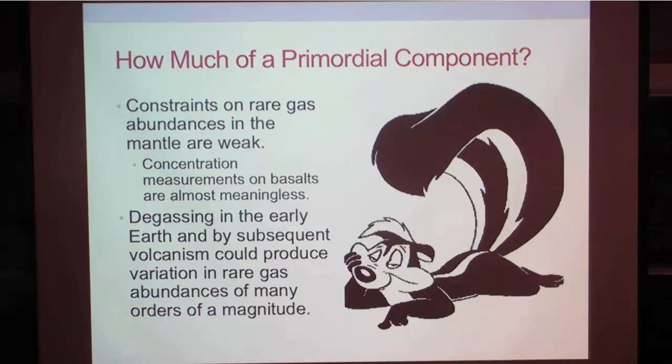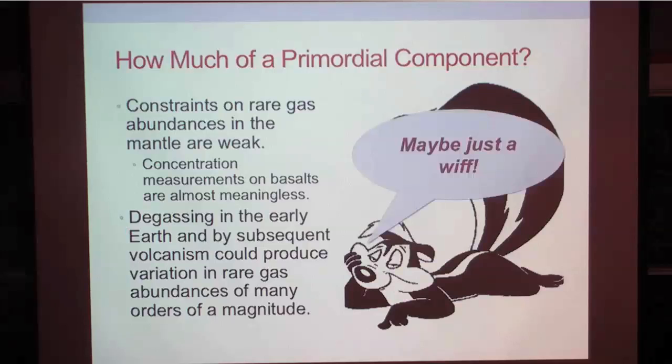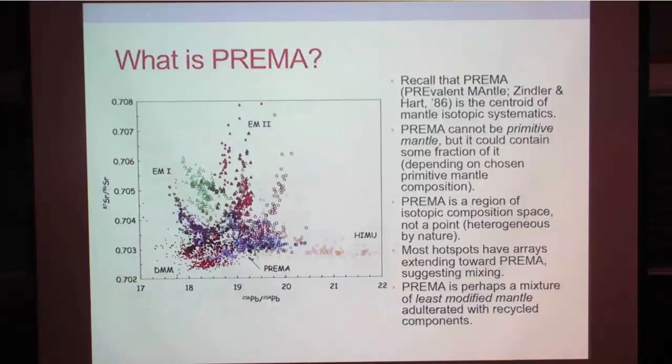The point being here is that the amount of rare gas involved in OIB is maybe just a whiff. Okay, we don't need a lot because the other end member is so depleted in rare gas that just a whiff might be what we're seeing.